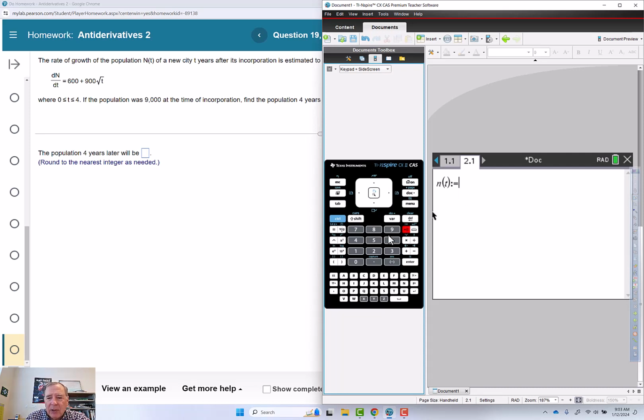That means is defined as 600t plus 600 t to the power of fraction 3 halves, get out of the exponent, plus 9,000. Hit enter and it says done.